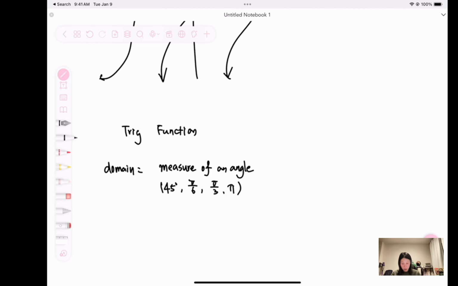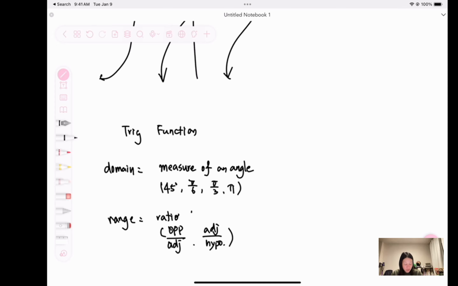These are the domain for a trig function. Its range is a ratio of the sides, such as the opposite over the adjacent side, or the adjacent over the hypotenuse. So these are the range.